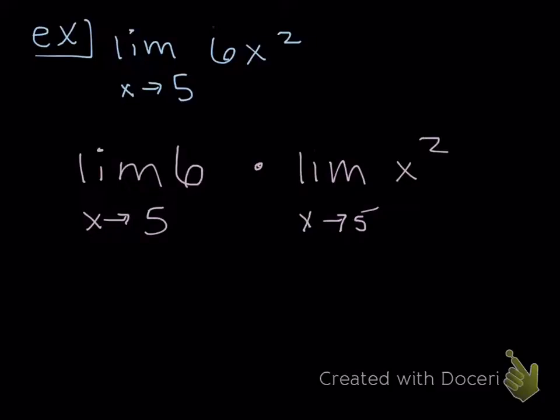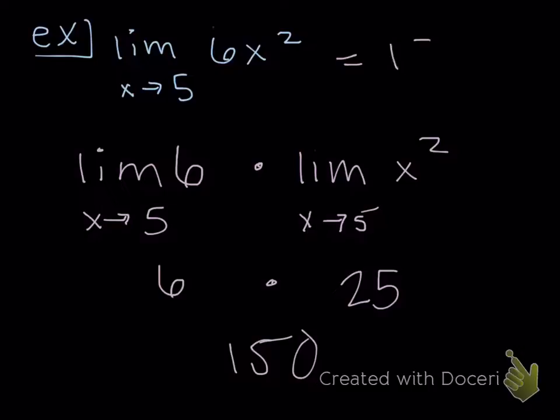When I plug in 5, I get 25. Here the y value is always going to be a constant of 6, and when I multiply these two together, I get 150. So the limit as x approaches 5 is 150, which means the y value is going to be 150.